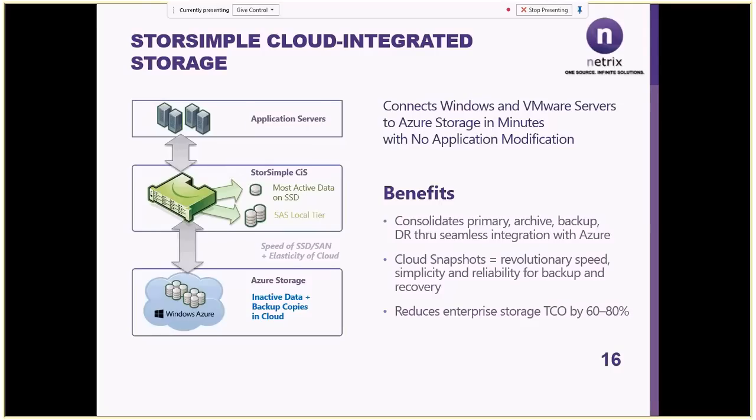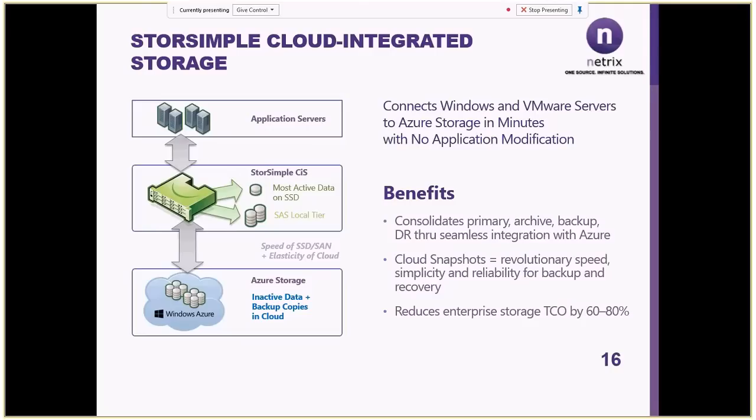Now, the other thing that's interesting, you might say, okay, great, you've got this really elastic SAN. I would maintain that the more compelling argument for this device is not the fact that it has hordes of capacity, but rather that with the snapshot technology that gets introduced here, we can dramatically shift the conversation around how you're doing backup today, not only from a cost perspective, but also from a time perspective.